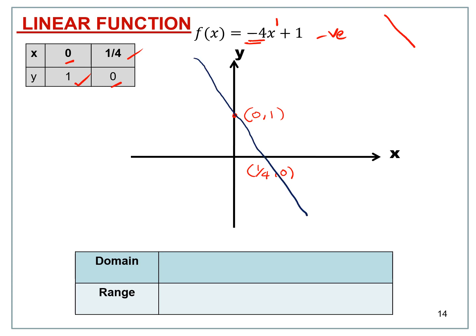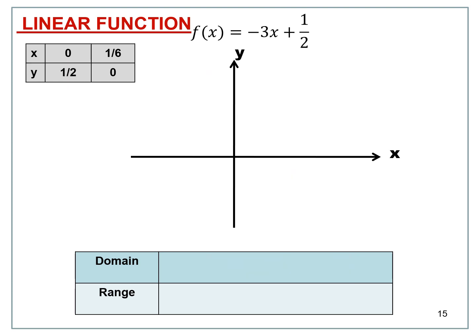So this is a straight line. And then from here, we can write the domain: negative infinity to infinity, or real numbers. And the range also is negative infinity to infinity, which is real numbers.